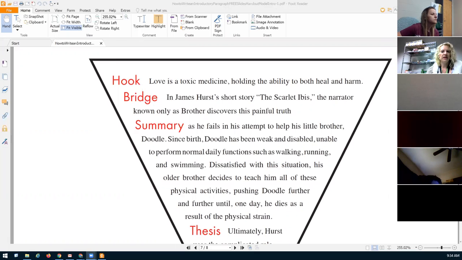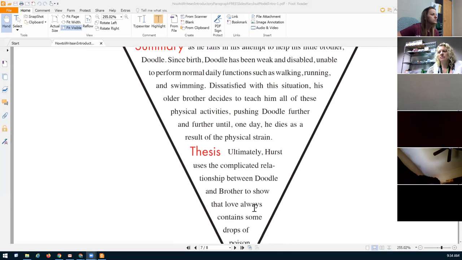It makes us want to figure out how that is possible. And this is the introduction of the book. This particular example is from a literary piece. So in this sense, they use the tag statement, and then the summary begins here, and then they have their thesis down here.